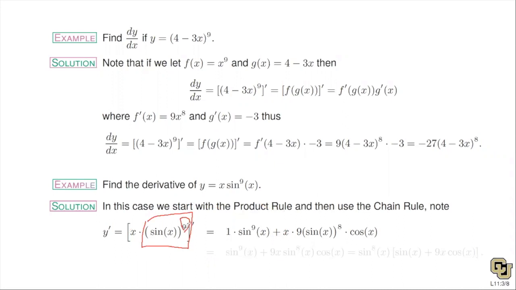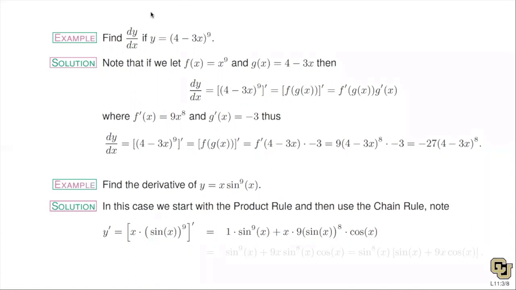I do the derivative of the outside, which is you bring the 9 down and subtract 1. That's the derivative of the outside. And then I've got to do the derivative of the inside, which is cosine. You should take a look at that and let your eyeballs get used to what you're seeing and work through it slowly. It's a little weird. That's the derivative.